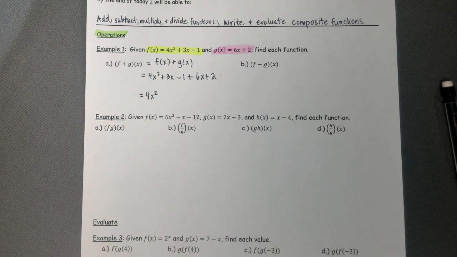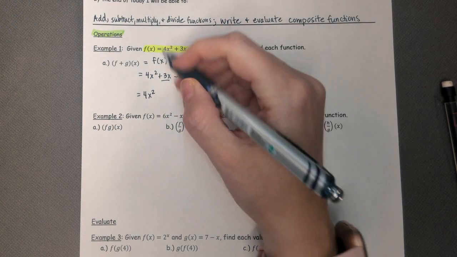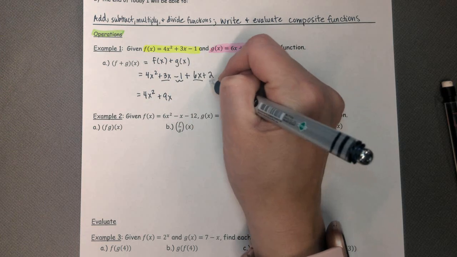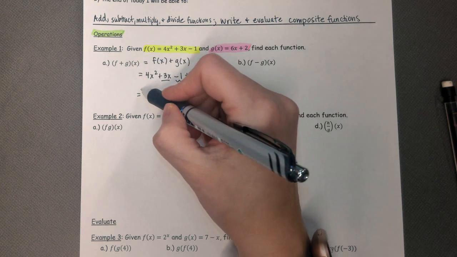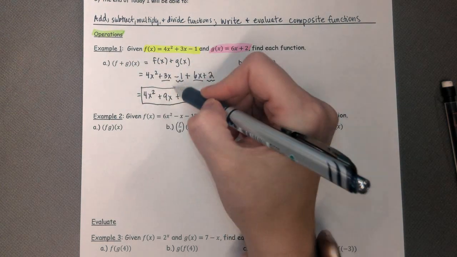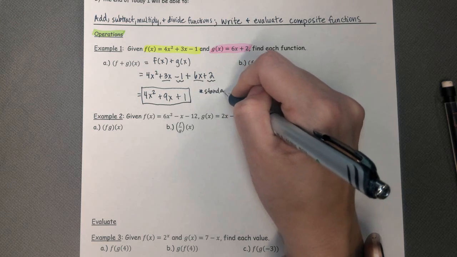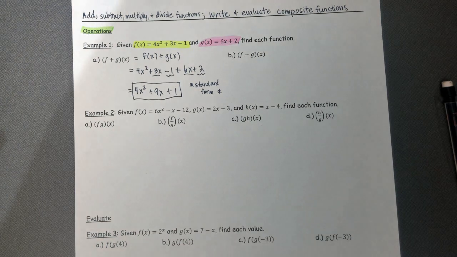Okay, so 4x squared doesn't have any like terms. What can I add to 3 of x? 6. Good. And then negative 1 and positive 2 make? Yes. Okay, so when you are writing your final answer for these, you do want them to be in standard form. A lot of times they will naturally be in standard form, but you may have to switch one or two.